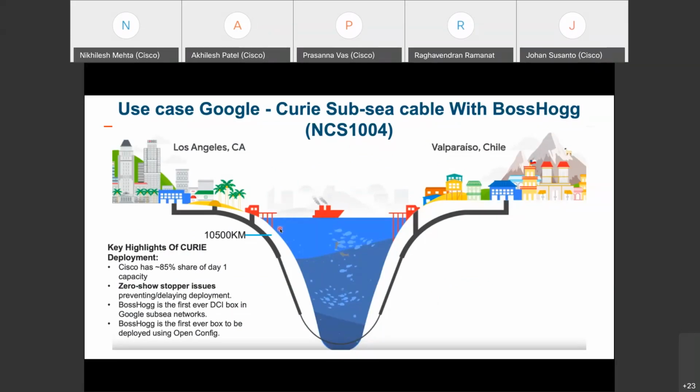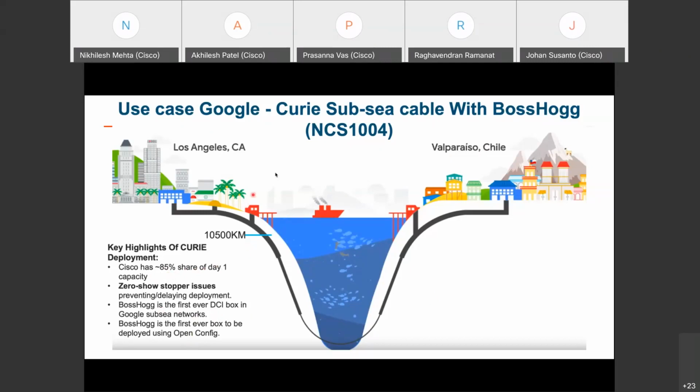They are using Cisco NCS 1004 from day one. As you can see, we have around 85% share using the NCS 1004, and it's the first ever DCI box in the Google subsea network, deployed in an OpenConfig fashion.